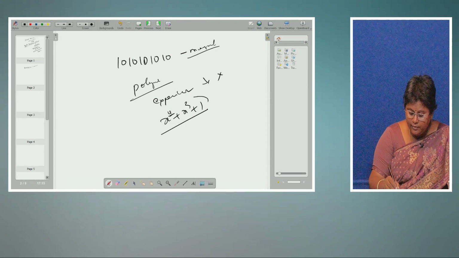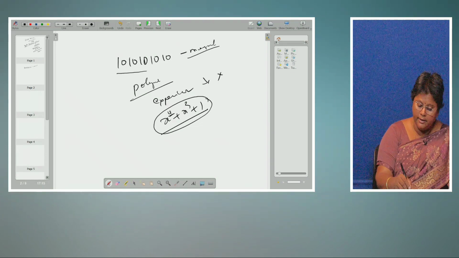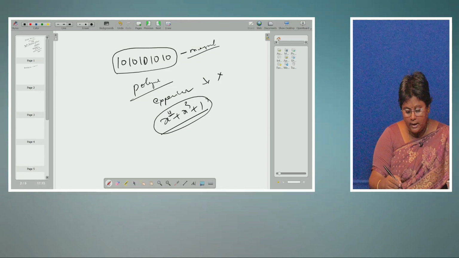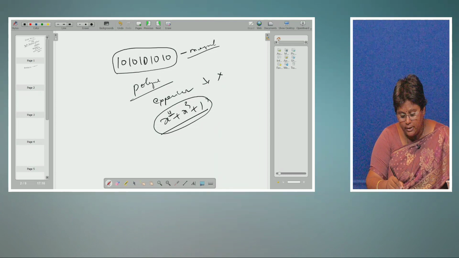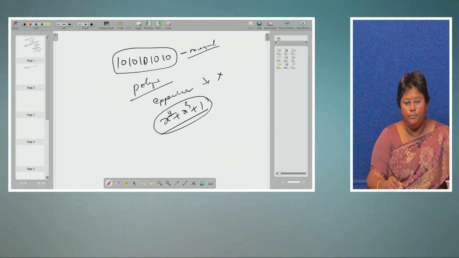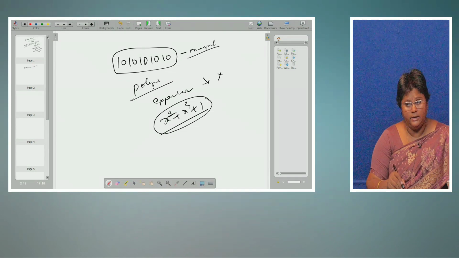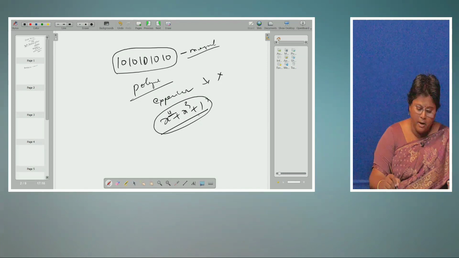If we use it to create a cyclic redundancy check for this message, it can detect all odd numbers of errors, all single bit errors, and also burst errors up to the highest degree, that is 4 bits. That is why this method is called a very powerful method.